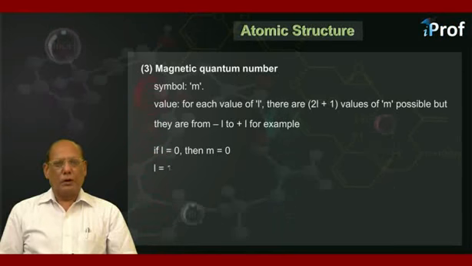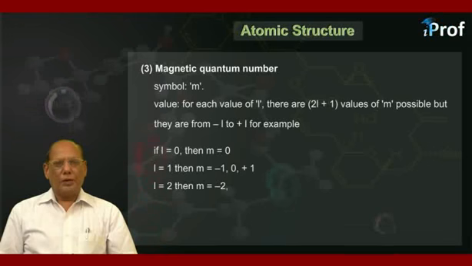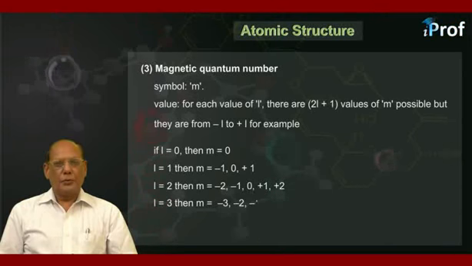If l is equal to 1, then m will have three values, which are minus 1, 0 and plus 1. For l equal to 2, m will be equal to minus 2, minus 1, 0, plus 1 and plus 2. For l equal to 3, m will have 7 values, which are minus 3, minus 2, minus 1, 0, plus 1, plus 2 and plus 3.